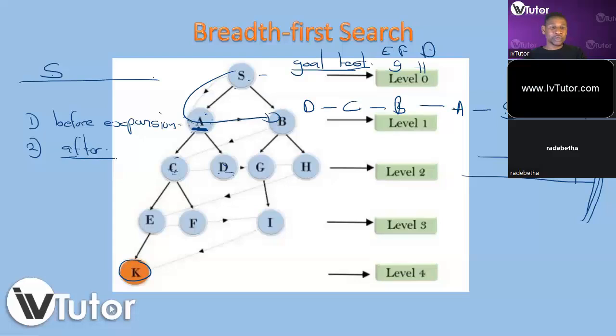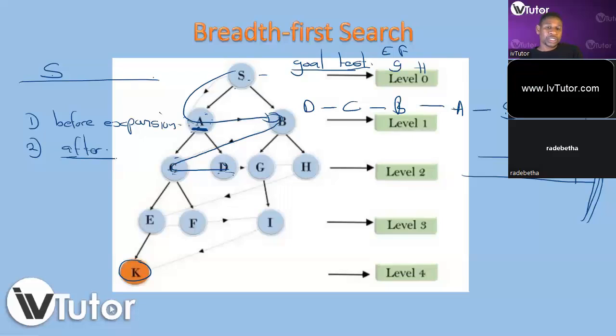You follow the logic: B, C, D, and all these are being added to the frontier, and because D was added first, it is taken out and expanded. Before you get to E and F, you've got G and H that came in first. G would then be expanded and join the solution space, and so forth. H will follow, then E, F, and then I, and then you're going to have K. So that is how breadth first search works.